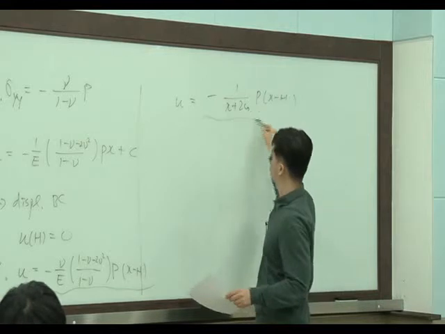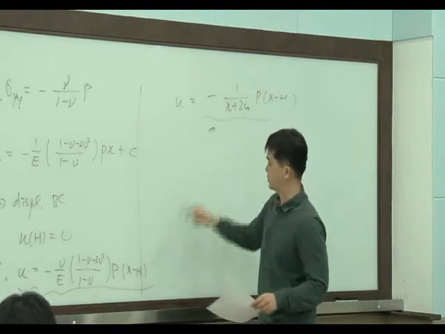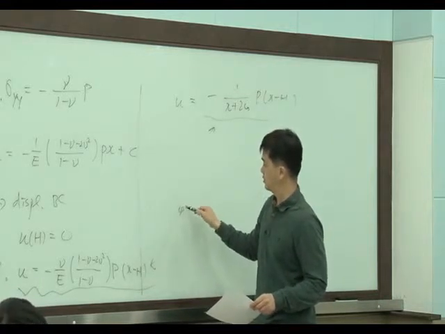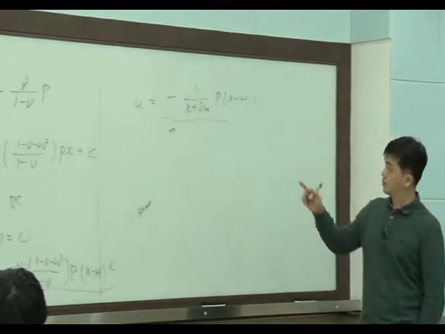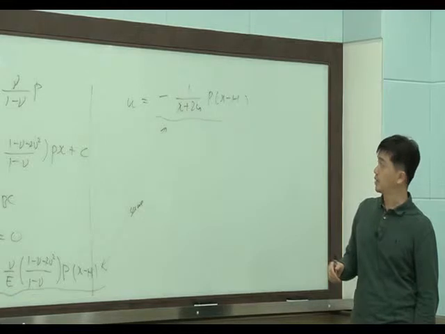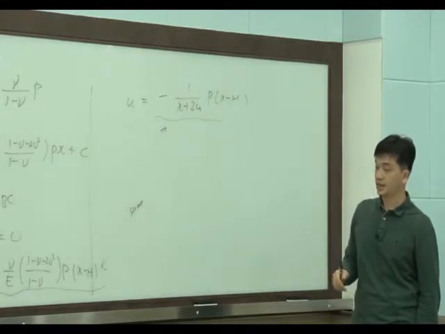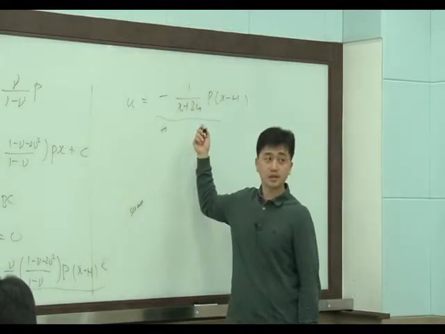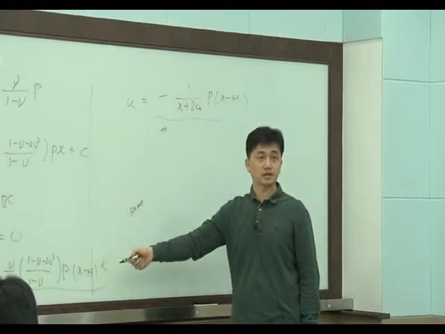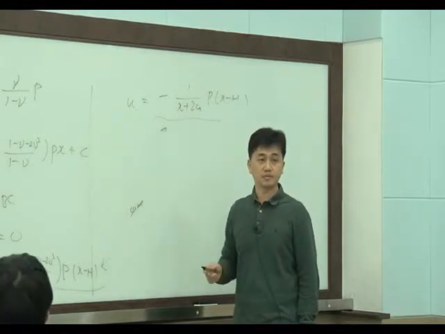Both are same thing, same result. Okay, because we know the relation between lambda, G and E and mu, right? If you use that relation, this equation become like that, this equation become like this. So both are same.